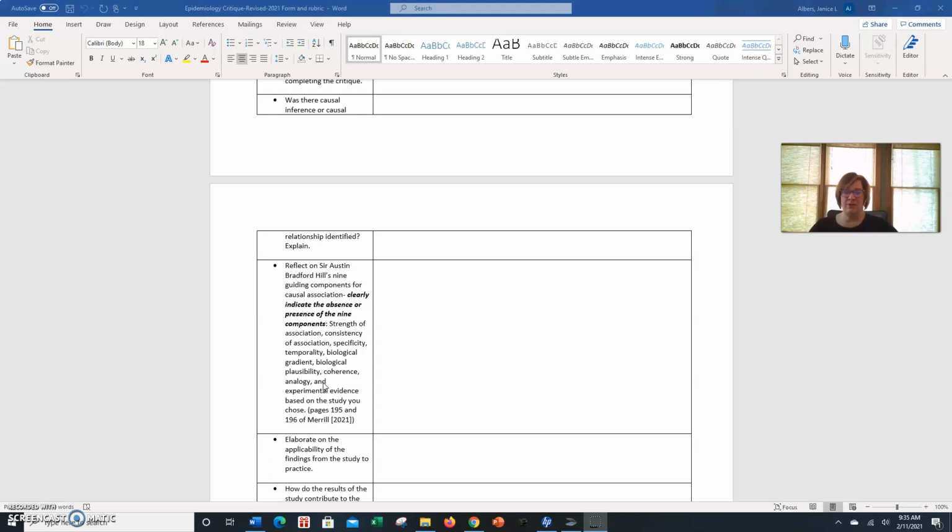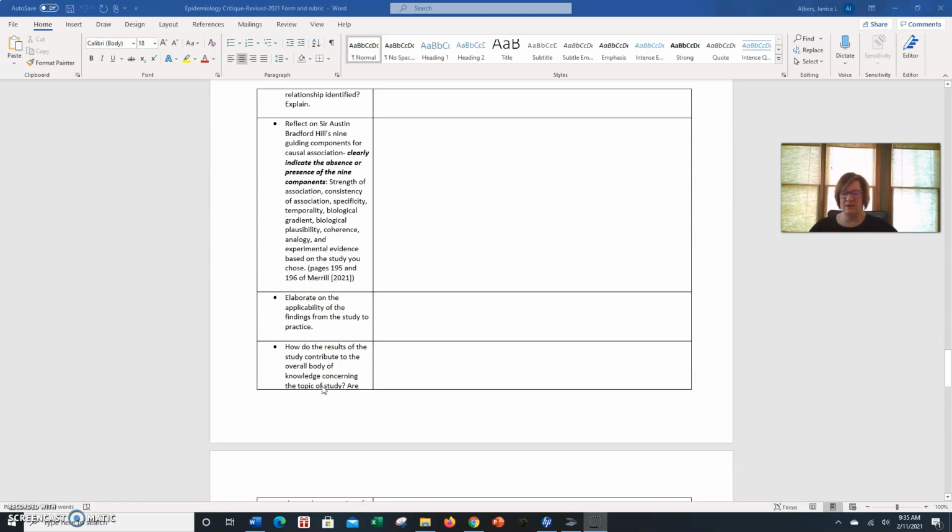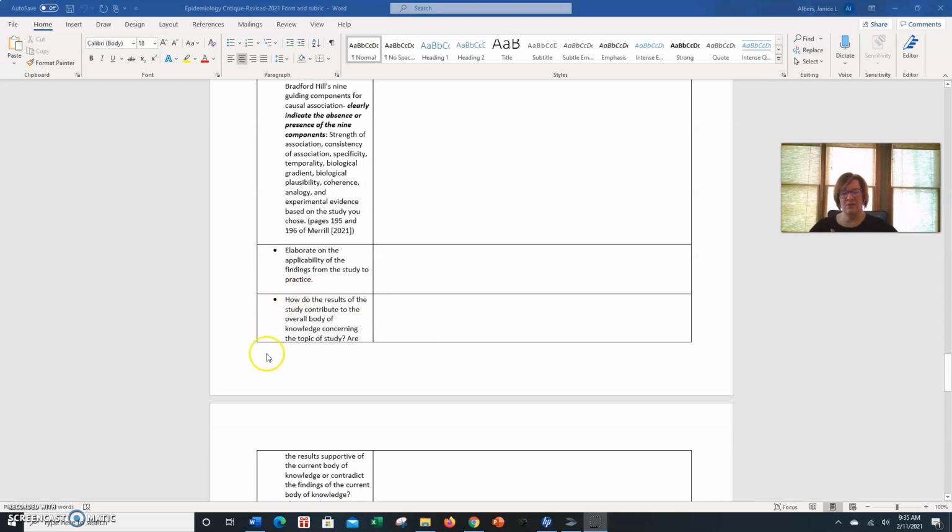And that does happen. In dealing with humans, because human life is messy, it's very difficult to have that causal association be very clear with one particular study. So again, we want to look at these 9 factors, as well as how that study in general applies to practice, and how it correlates with what's already out there.